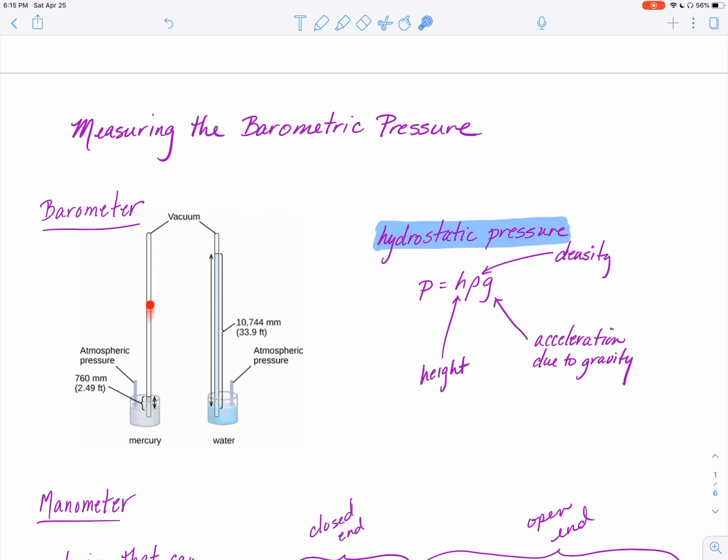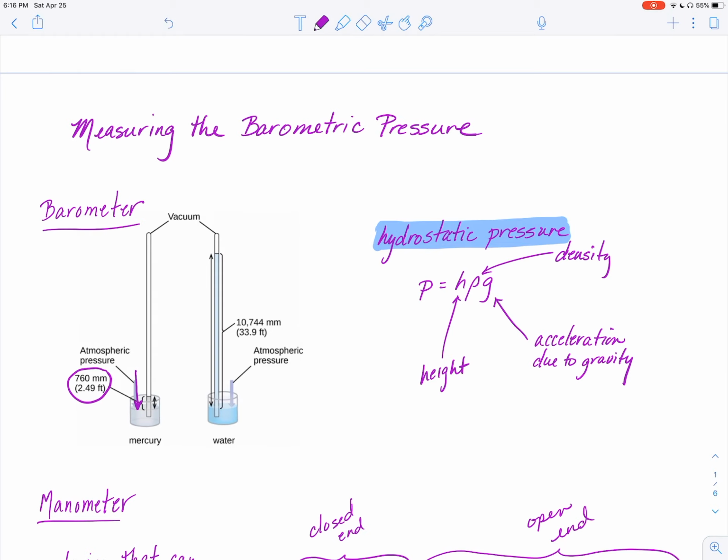They would fill that tube with a substance, turn it upside down, and put it into an open container of that same substance. The substance would come out, and a particular distance of it would stay in the tube, and that value could change based on the pressure that the atmosphere was pushing down on the substance in the open container.